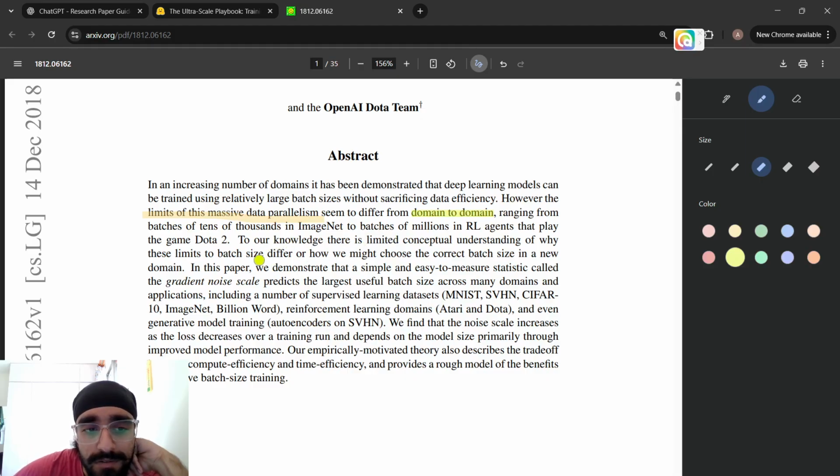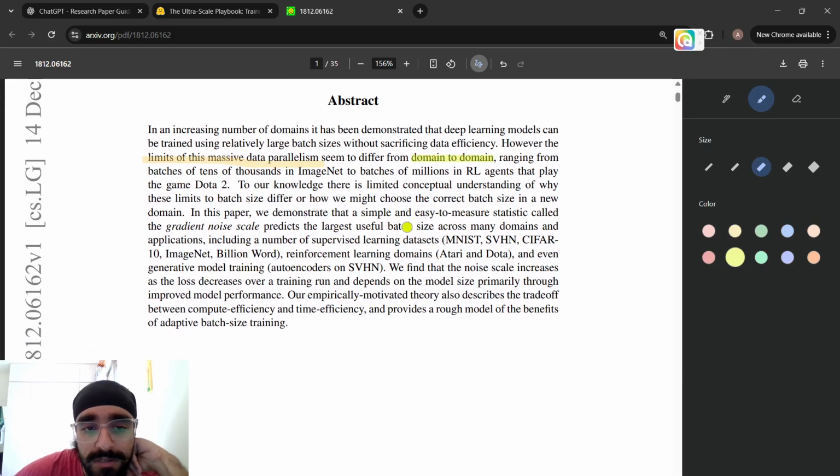There is a limit, and we demonstrate that a simple and easy to measure statistic called the gradient noise scale predicts the largest usable batch size across many domains. We find that the noise scale increases as the loss decreases over a training run.